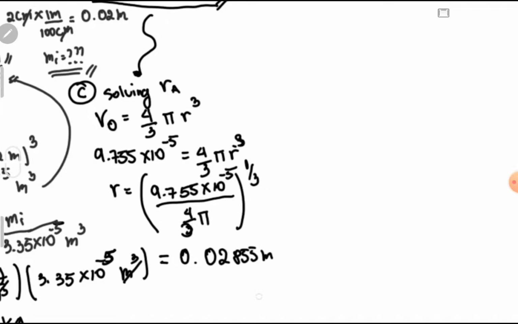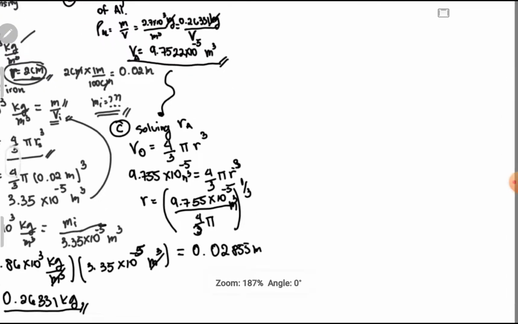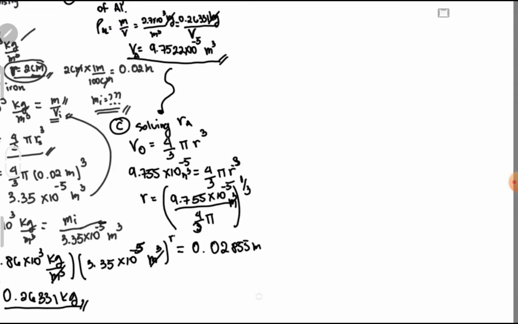Take note that the unit for your volume is meter cube, so getting the cube root of meter cube is meter. So this is the answer for your R.